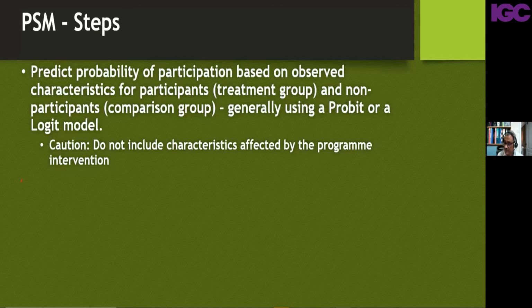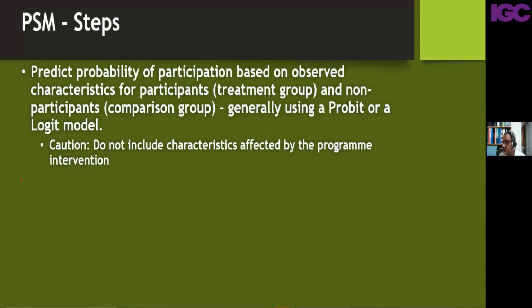So 0 if the person did not participate in the program, 1 if the person participated in the program. So you use a logit or a probit model with the participation status 0 or 1 as the dependent variable, and all the characteristics that influence participation, like we saw in our example, age, gender, education, etc., as the explanatory variables which explain participation.